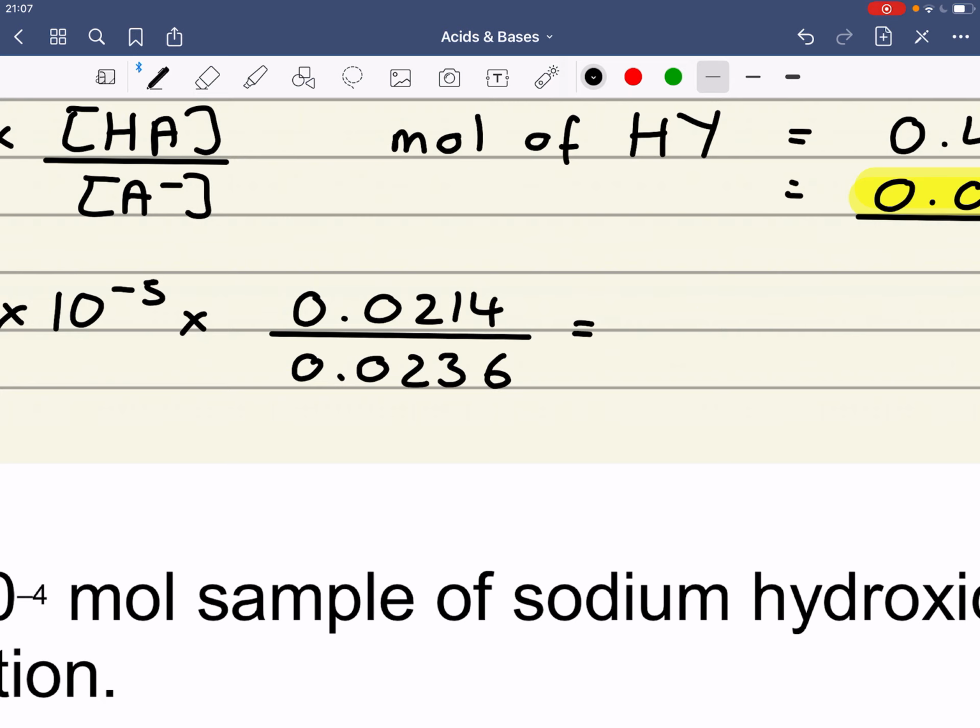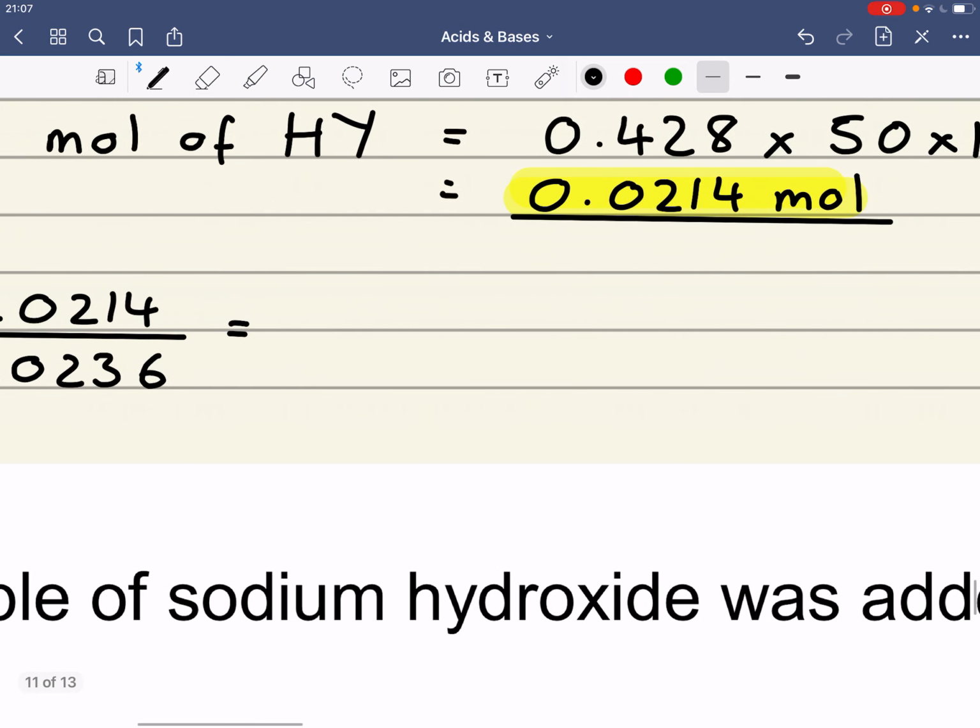When we do that, we get a hydrogen ion concentration of 1.22 times 10 to the minus 5 moles per decimeter cubed.